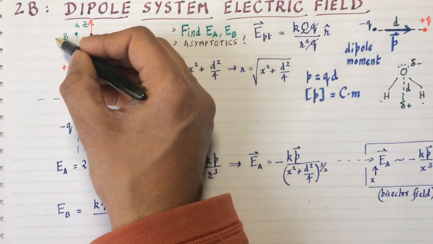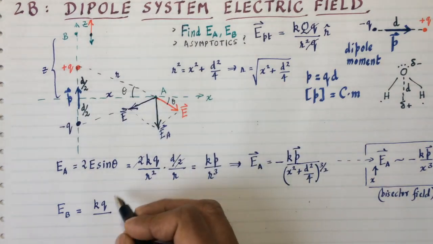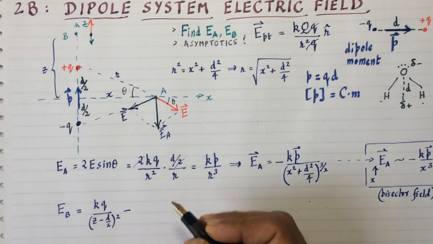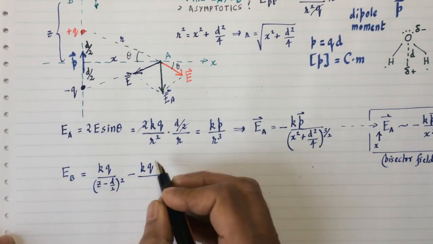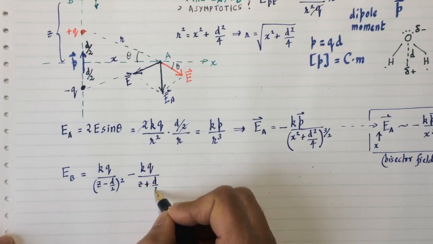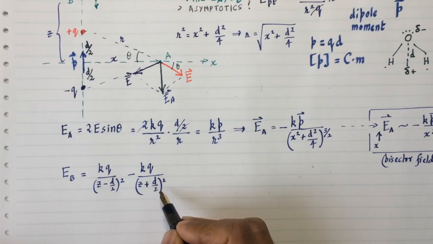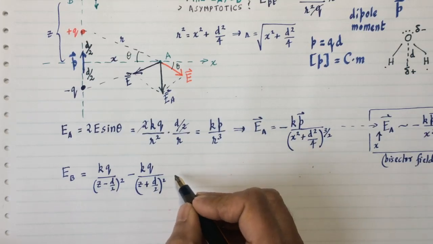Let's call the distance between B and the origin simply z. So that will be (z minus d over 2) squared, minus kQ divided by (z plus d over 2) squared, because the minus charge is a distance z plus d over 2 away from point B, whereas the plus charge is z minus d over 2 distance away from point B. Now this has to be simplified.